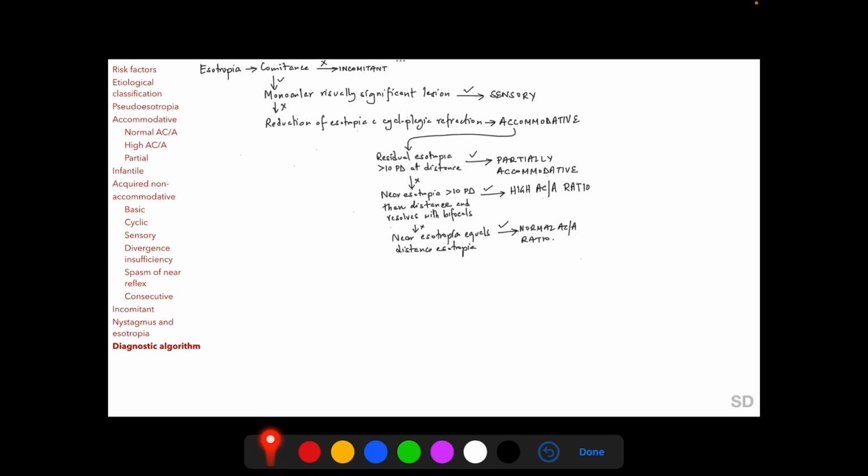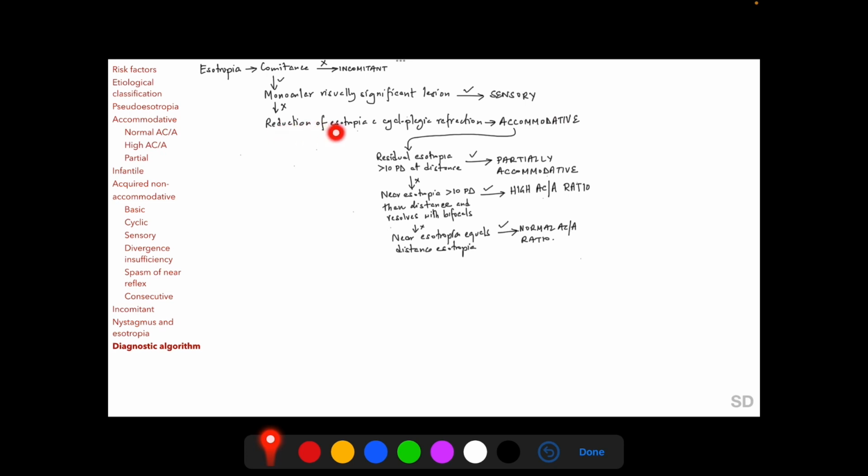And if the esotropic deviation at near fixation equals esotropic deviation at distance fixation and both are corrected with appropriate refractive correction, it is a normal AC/A ratio accommodative esotropia.